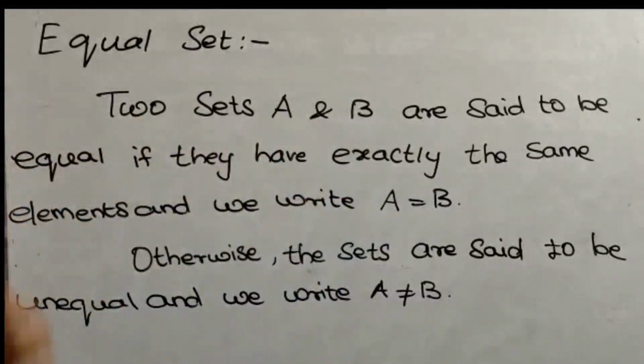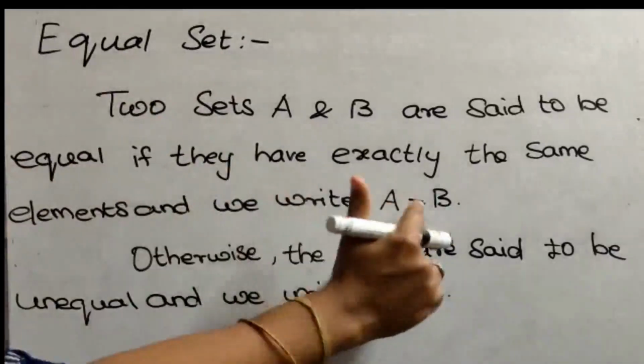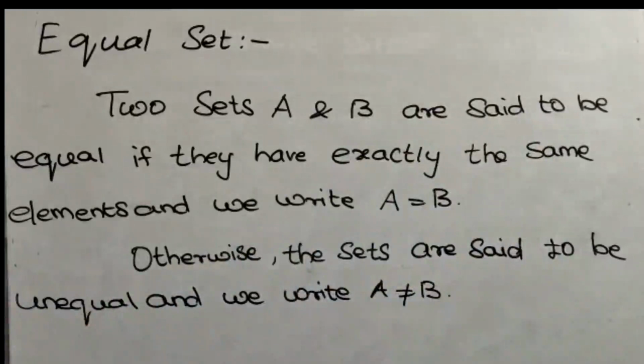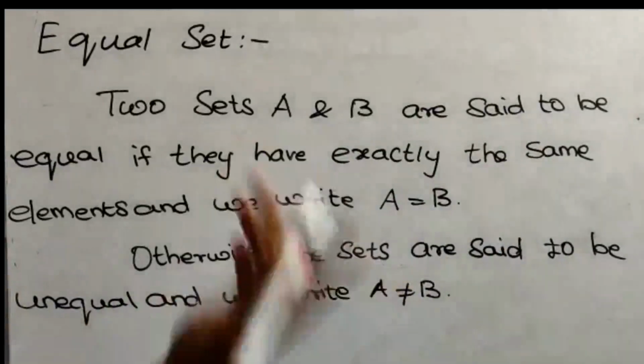We write that as A is equal to B. Otherwise the sets are said to be unequal, and we write A is not equal to B.